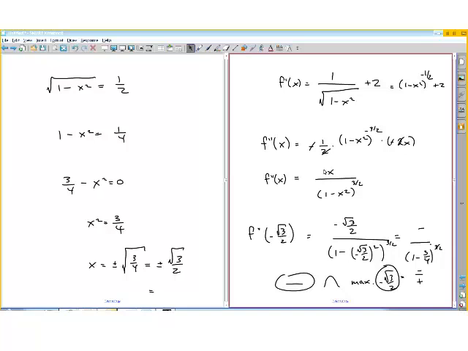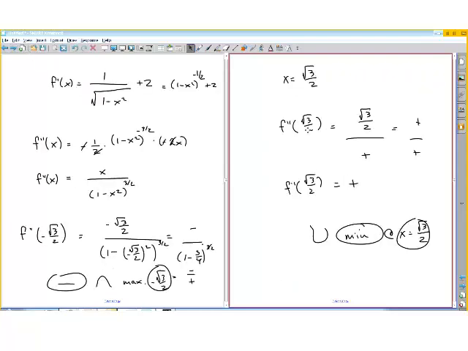We plugged in the two values of x, which were the critical numbers. We saw that the sign of this was negative, so it was concave down, which made it a maximum. Then we plugged in positive the square root of 3 over 2. The numerator was positive, the denominator was positive, so the quotient was positive. That meant it was concave up, so a minimum, and then we plotted it and saw that we were correct.